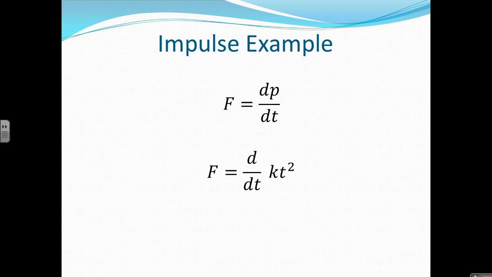And I want to apply the derivative with respect to time to the function for momentum, kt squared. The 2 would drop down, and we would end up with a force equal to 2kt. And that is the function for the force applied over time for the function that gave us momentum. It's just that the derivative of the momentum function is the force function.